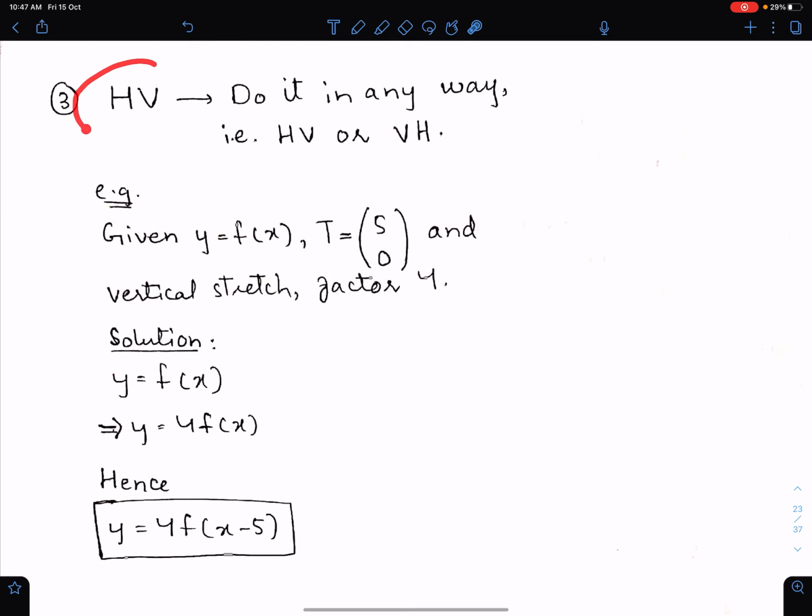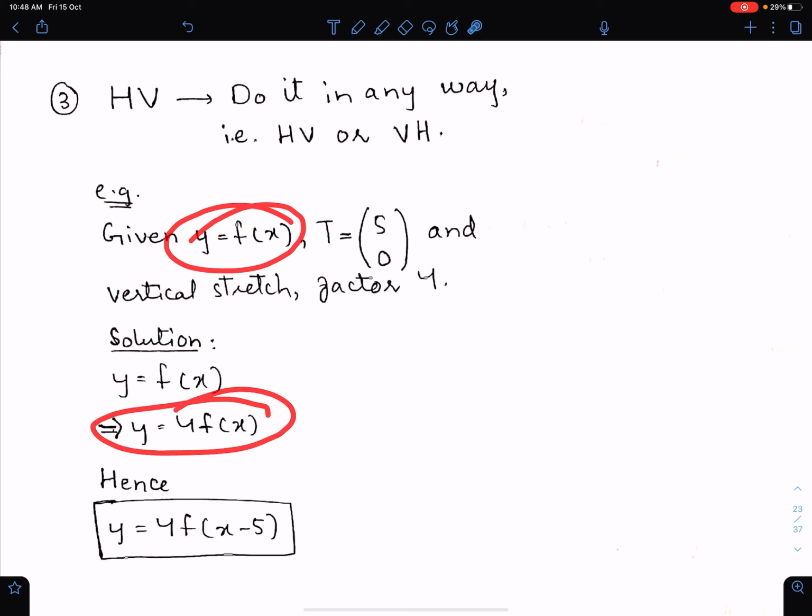When we have HV, we can do it in any way, either HV or VH. For example, if we have this translation, horizontal and vertical stretch factor 4, we have both ways. We can first apply this and then apply this, or vice versa. So I'm first applying this stretch factor onto this equation.